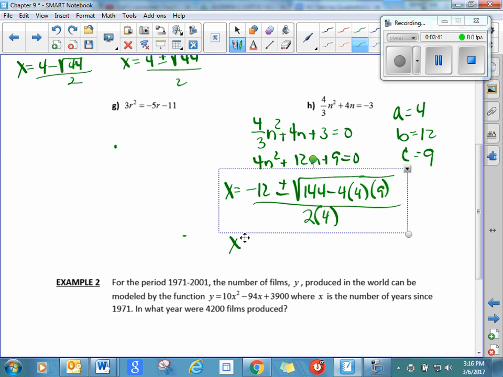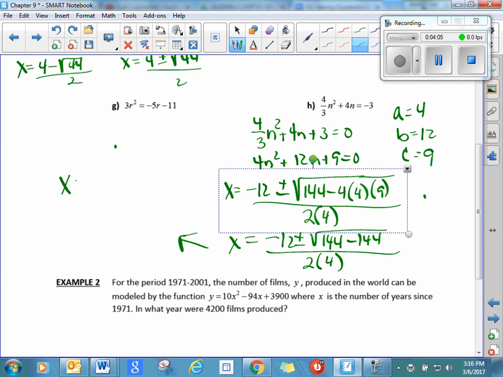So x is equal to, I don't know if you see a big blue box around this, but it should not be there. X is equal to minus 12, plus or minus, and this becomes the square root of 144 minus 144. So here again, we're ending up with a 0 under the square root sign, which happened to us on the previous page.